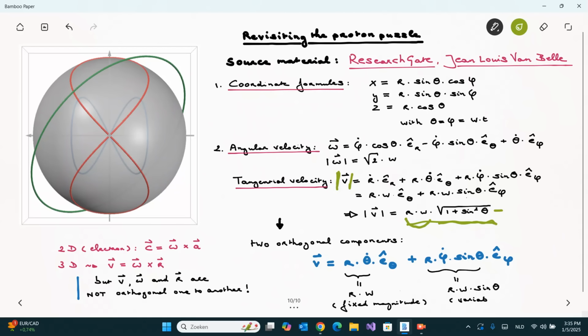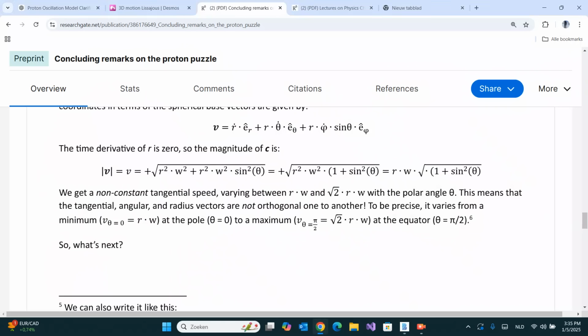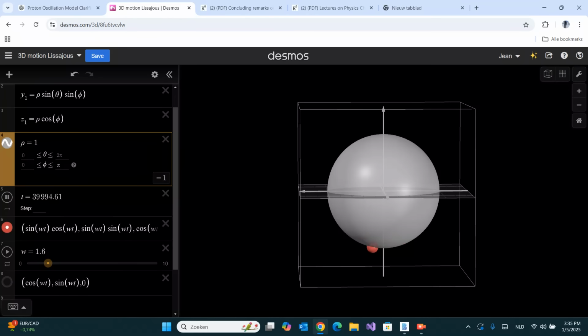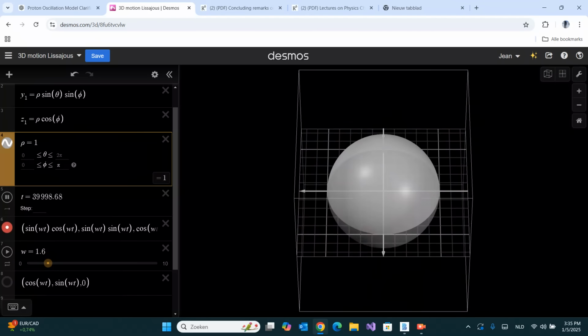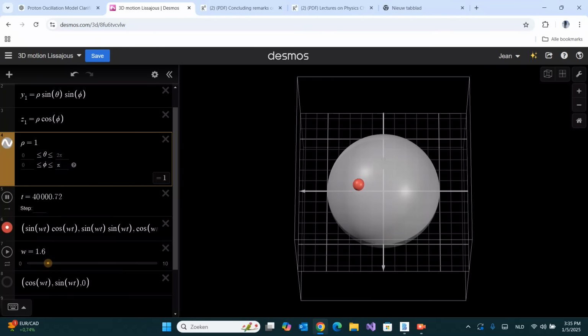The interesting thing that was very puzzling, and I thought this is not consistent: we get a non-constant tangential velocity, while relativity theory, or at least these basic Schrödinger hypothesis, tells us, if you're really going to assume that a proton is a structure consisting of a small but not infinitesimally small point-like charge zipping around in some kind of a 3D trajectory that we have here.